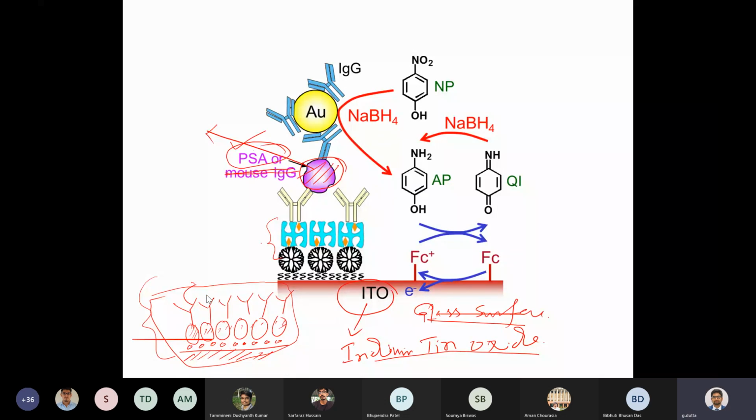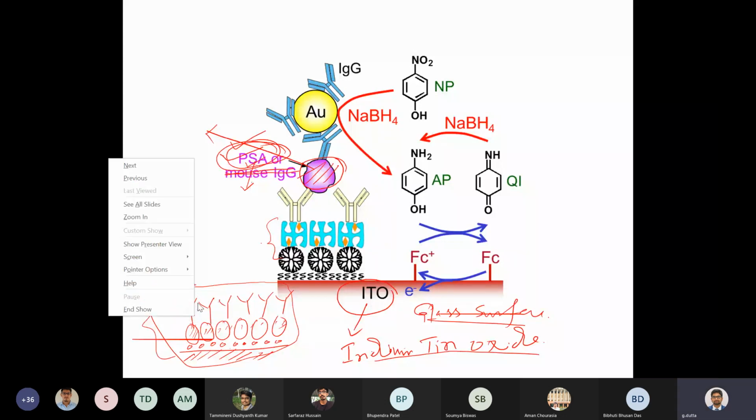What is your target? That is some biomarker like cancer. In this case PSA is your target, prostate specific antigen, that you are going to detect. So if you are going to detect some cancer antigen or some target, you have to immobilize that specific antibody on the surface.